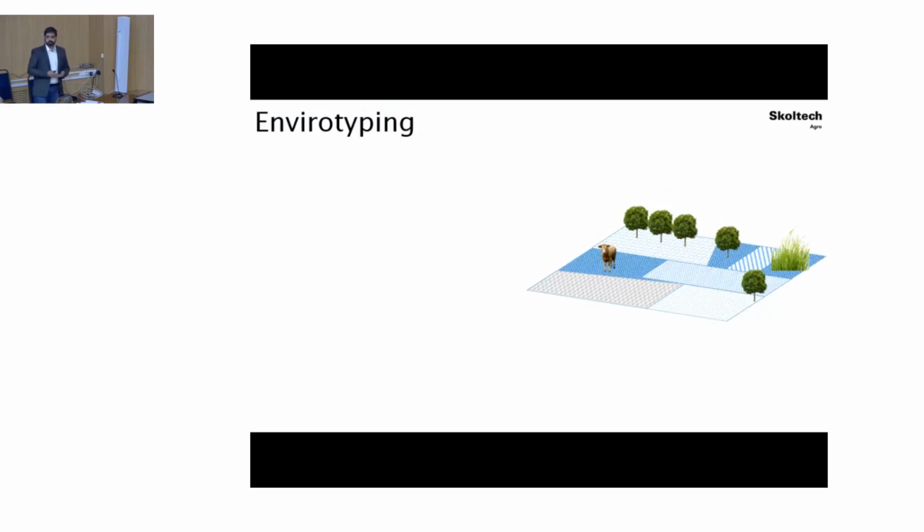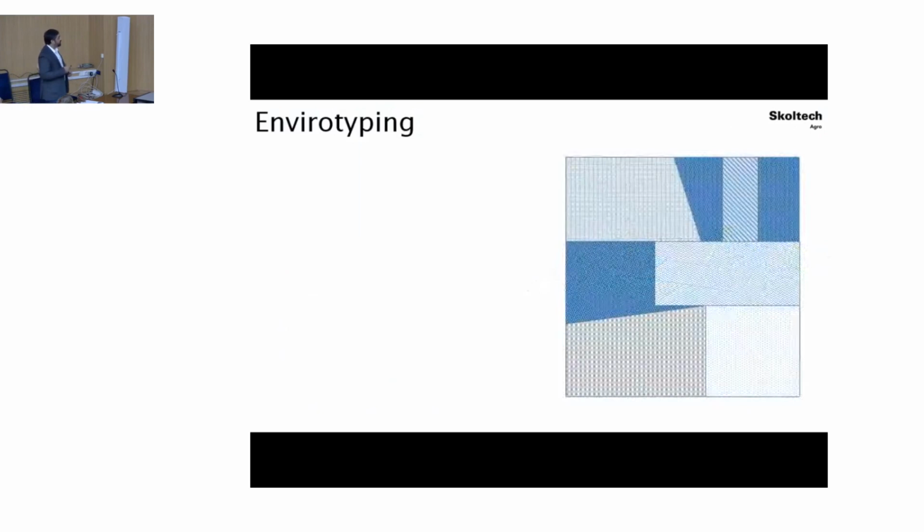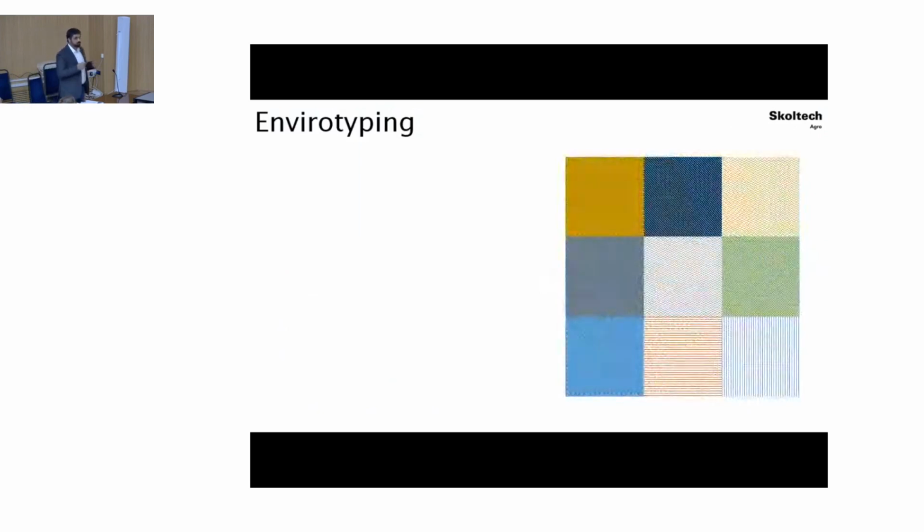Phenotyping is classifying based on how you respond to certain conditions. And envirotyping is an extension of that. We are classifying based on the environments. Okay? So suppose I have this piece of land, we have some trees, we have some animal farms, we have grass, other farms, whatever, right? So how do I take this, convert it into a grid block?